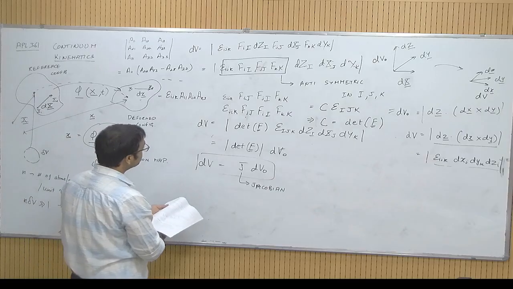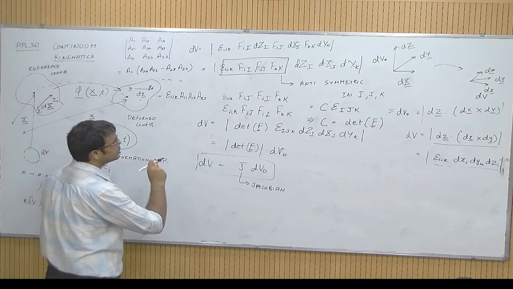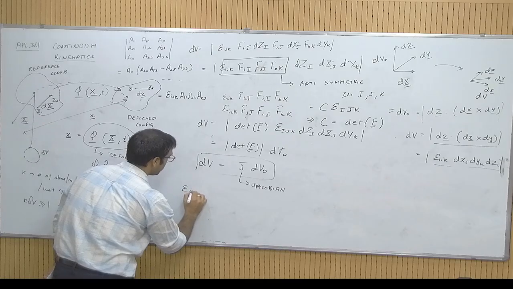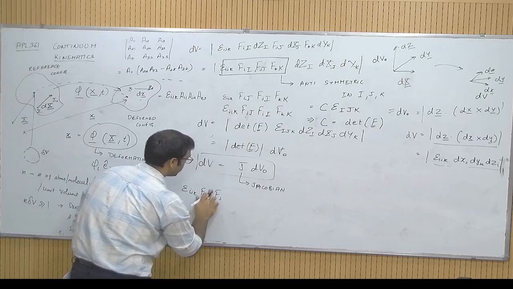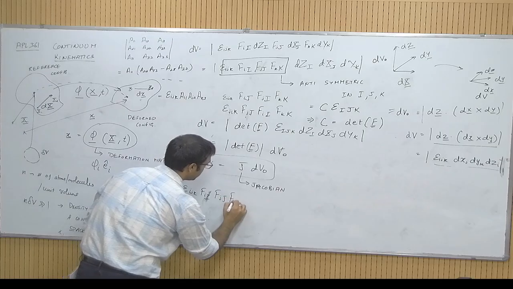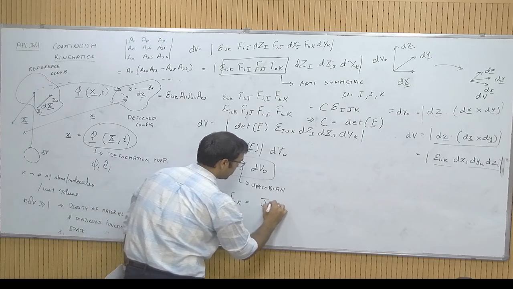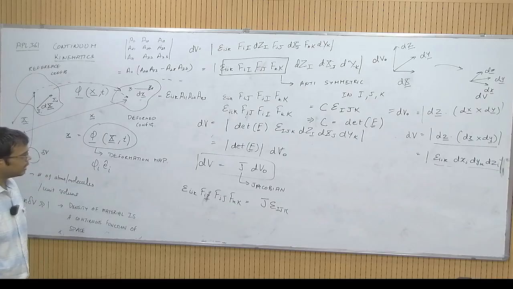Now I'm going to write some more expressions which you can actually derive. So I have written here that epsilon small ijk F_iI F_jJ F_kK is actually this determinant J times epsilon capital IJK.